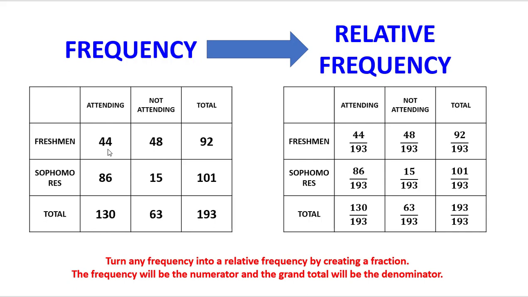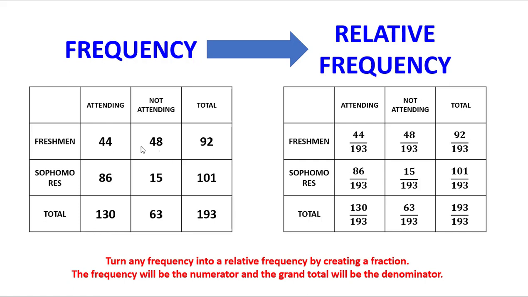To turn any frequency into a relative frequency by creating a fraction, we simply have to place the frequency, which are these numbers, in the numerator and the grand total, which is this number, in the denominator. So you can see in this table, I have 44 over 193, 48 over 193, 92 over 193.